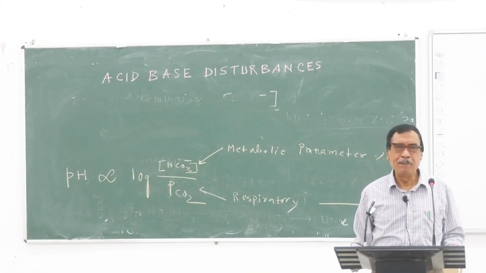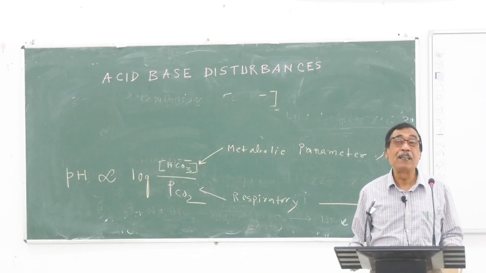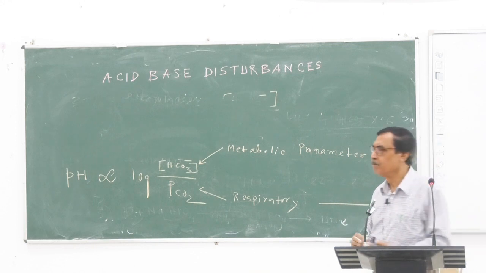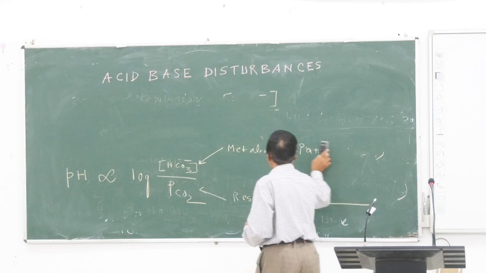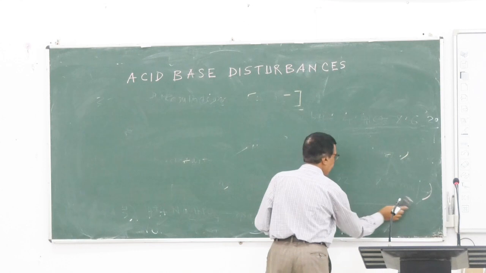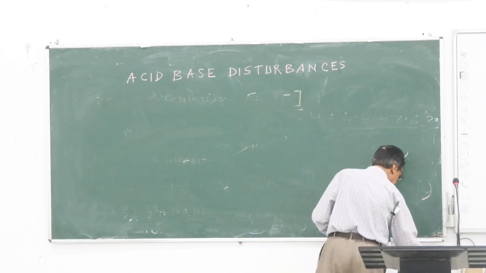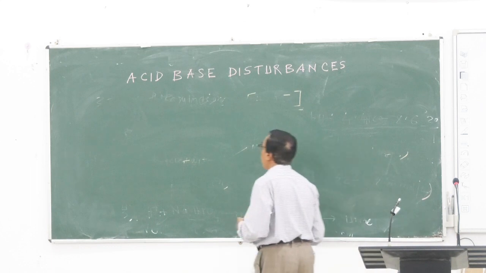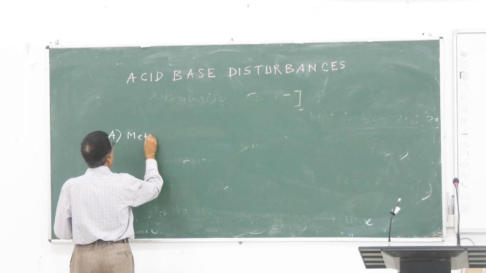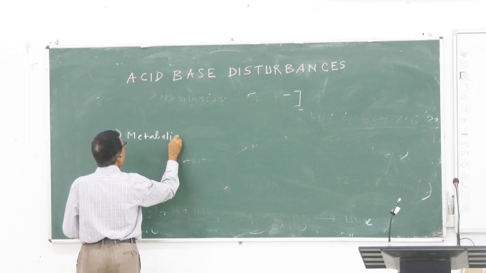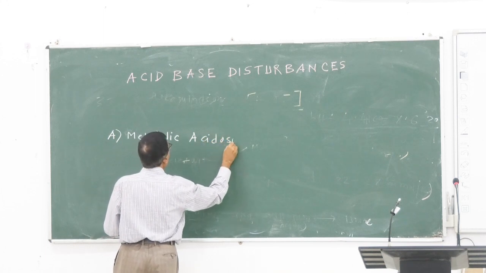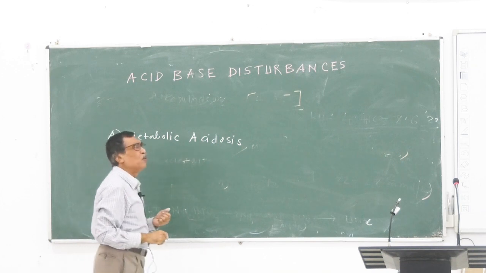So by simple mathematics, there are four possibilities. What are the four possibilities? Number one is metabolic acidosis, the most common acid-base disorder we encounter in clinical wards.